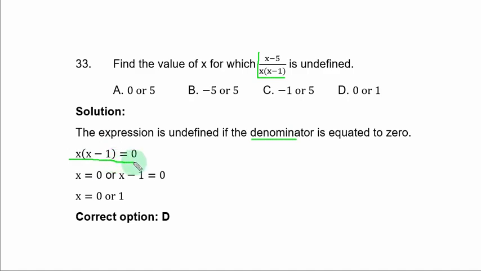You equate each factor to 0 and you have s equal to 0 or s minus 1 equal to 0. If you transfer the constant term minus 1 to the right hand side, you simply have s equal to 0 or 1. D is the correct option.